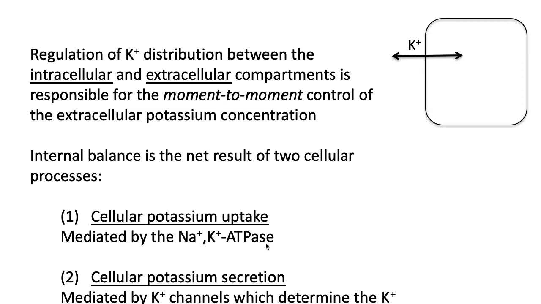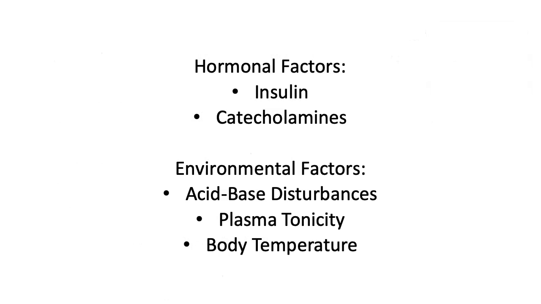Well, we can stimulate the sodium-potassium ATPase, okay? And then also there's some cellular potassium secretion mediated by potassium channels that can determine the permeability across those cells. So we got two buckets. Right now we're talking about internal balance, how potassium shifts in and out of cells. We got hormonal factors and we got environmental factors.